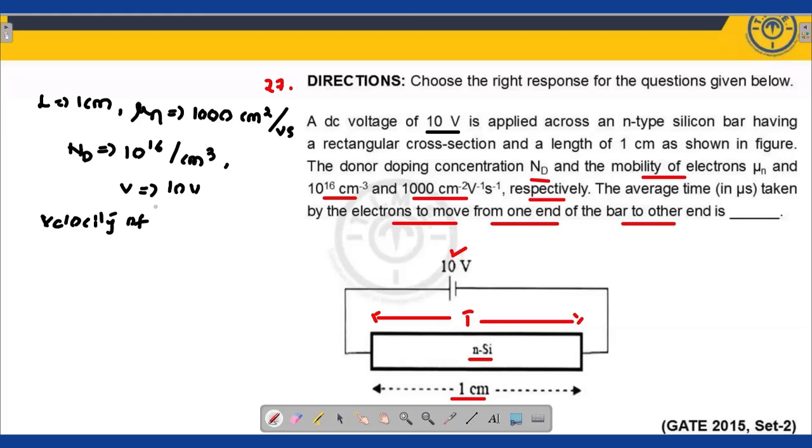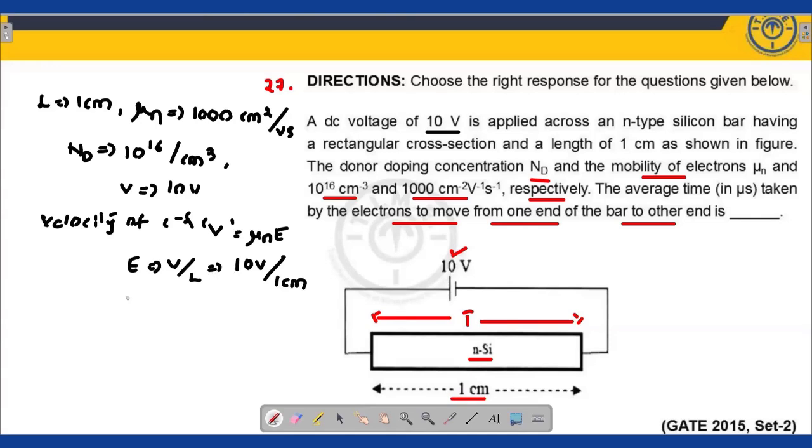Because in this bar, velocity of electrons V is equal to mu n into E. E is equal to V by L, 10 volts by length 1 centimeter.